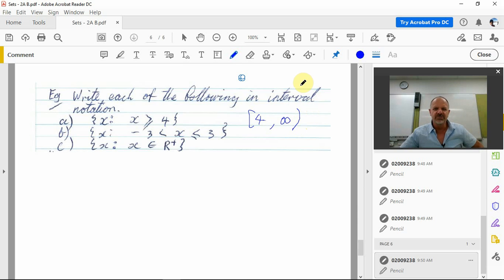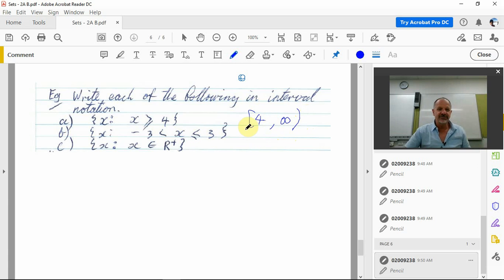It's because we don't know precisely where infinity is, essentially, and there's a whole bunch of discussion we could have about infinity. Quite interesting, but that's not for now. The other convention is you put the smallest number first, so the number 4 comes before the infinity.